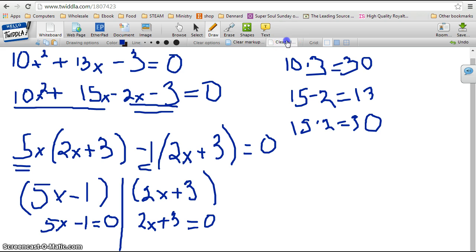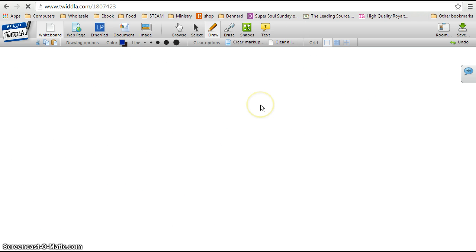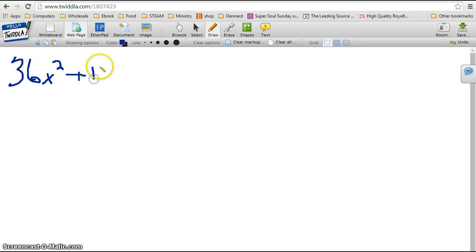All right, let's try one more just to make sure that you understand the process. This one is 36x squared plus 12x plus 1 equals 0.